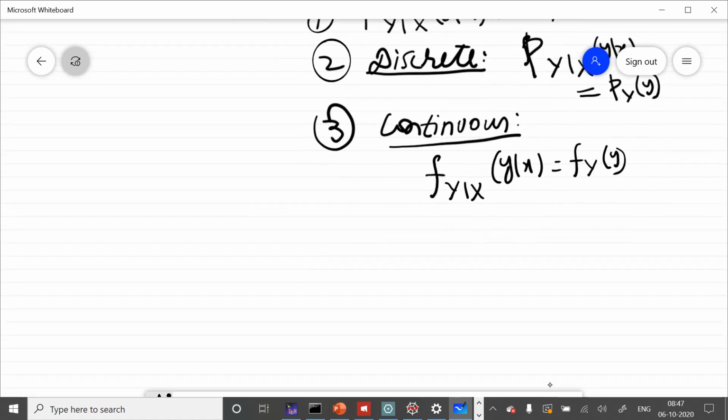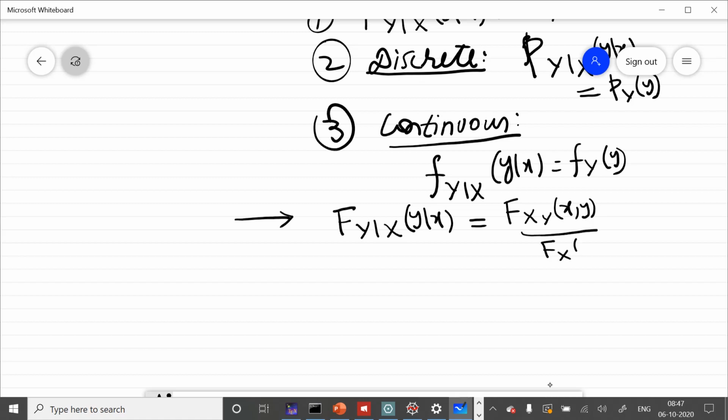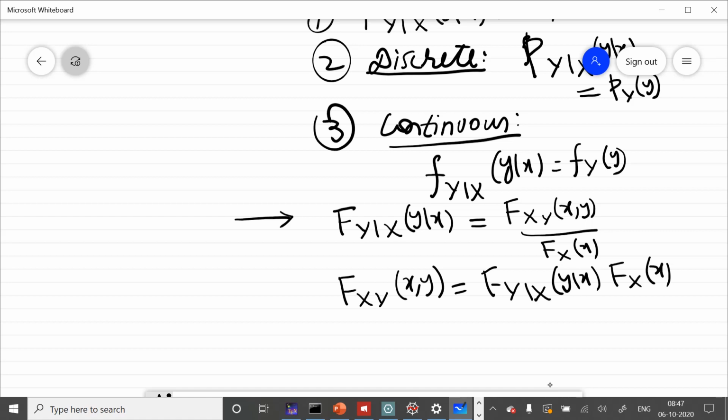Okay, one more definition we can get from this. So you recall how the conditional CDF was defined. Joint CDF, right? So in other words, joint CDF or PMF or PDF, whatever, can be written as conditional times marginal. If you are conditioning with respect to x, it will be multiplied with the marginal of x.